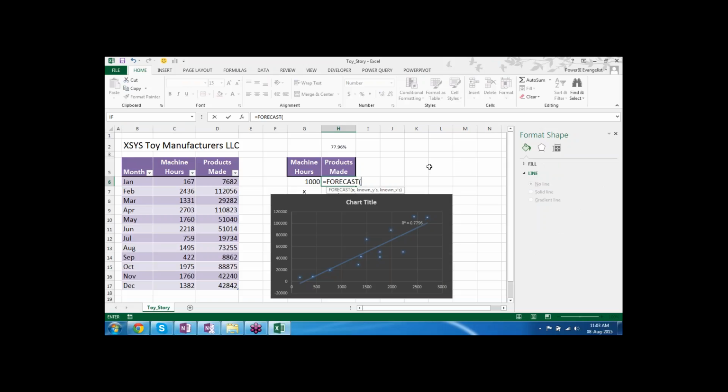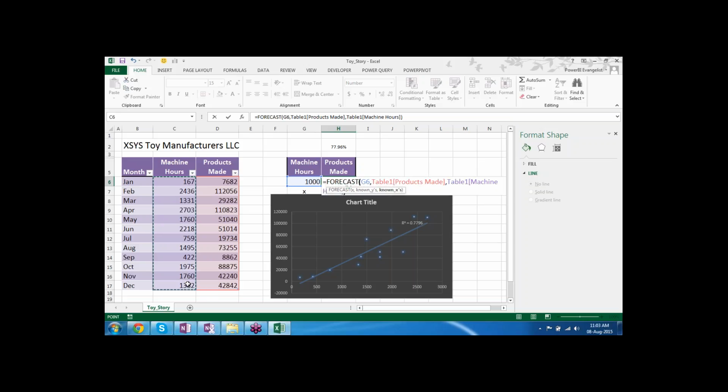The first parameter is X, meaning based on what you want to forecast. I say that based on this X, I want to forecast. Then it asks for your known Y's. I know that these are my Y's, the products made. And then it asks where are your X's, so I say that these are my X's.